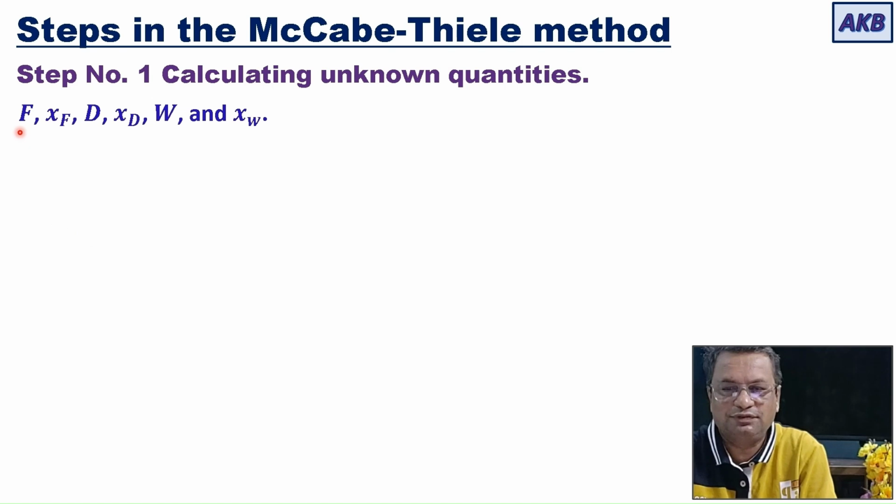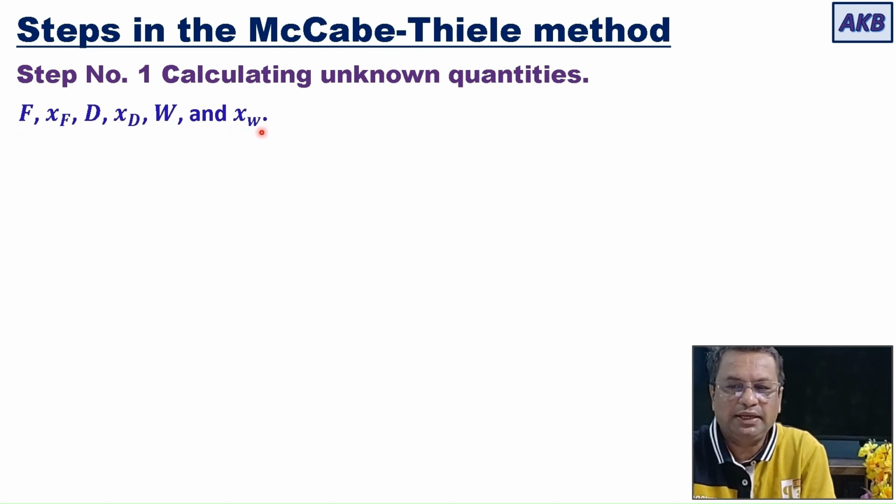You have the feed molar flow rate, F, mole fraction of A in the feed, XF, molar flow rate of distillate, D, mole fraction of A in the distillate, XD, molar flow rate of the bottom product, W, and mole fraction of A in the bottom product, XW. So these are the quantities involved.